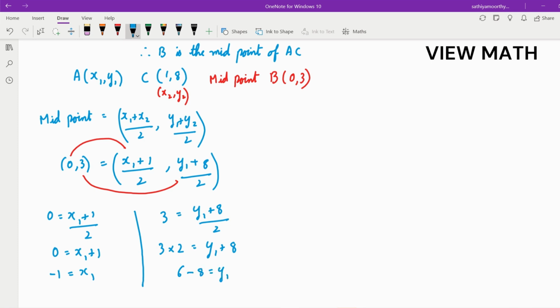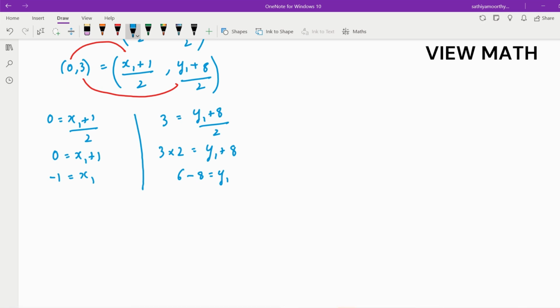Therefore y1 is minus 2. So x1 is minus 1 and y1 is minus 2. Therefore the coordinate of A is (x1, y1), which is (minus 1, minus 2).